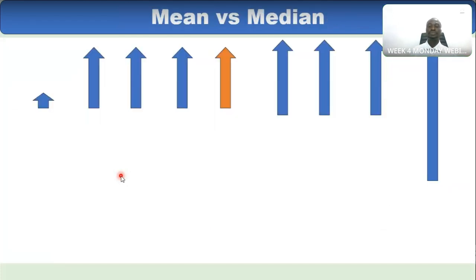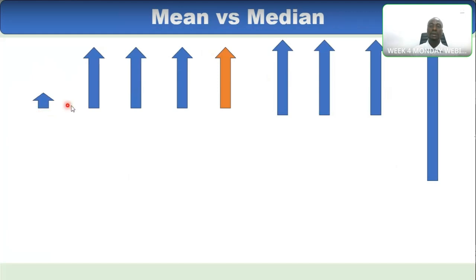So if you look at all these points here, you can see that the height of this arrow is fairly disproportionate compared to others. And that is why this particular arrow is an outlier. If you also look at this one, it is very short, disproportionately shorter than other arrows, and we also say that this is an outlier.